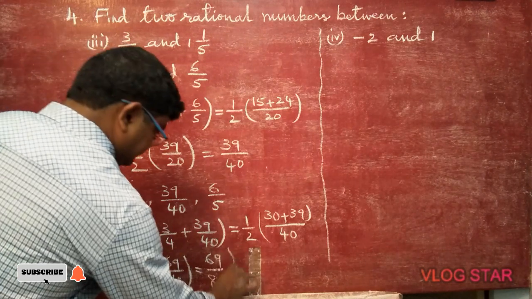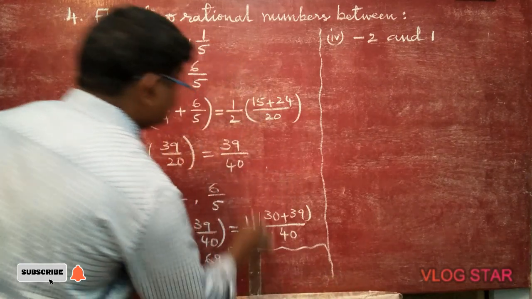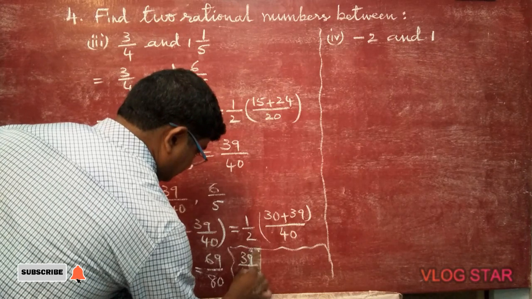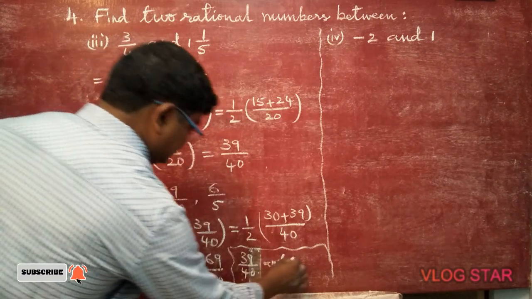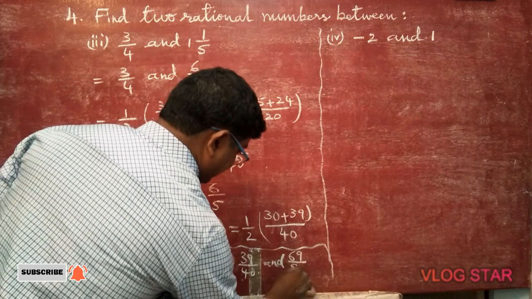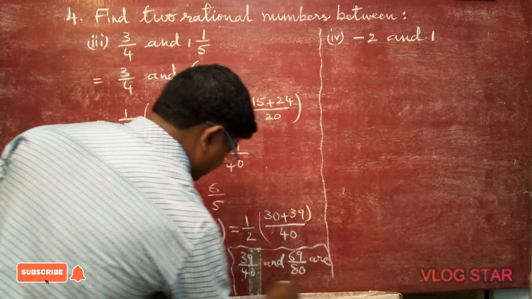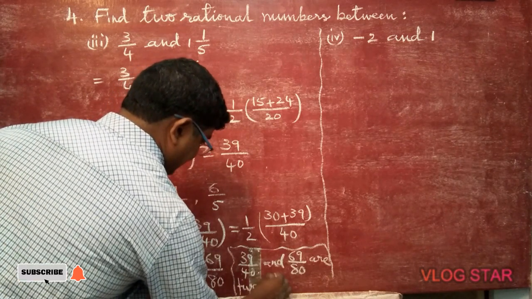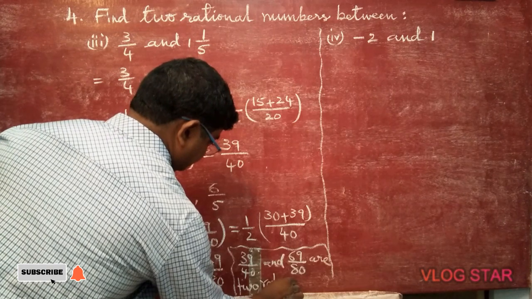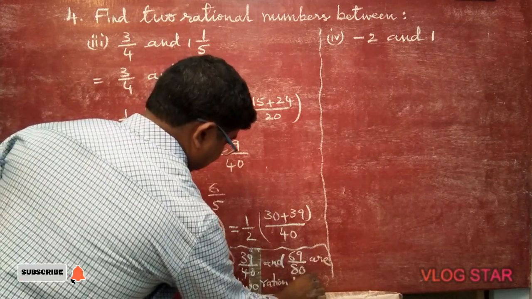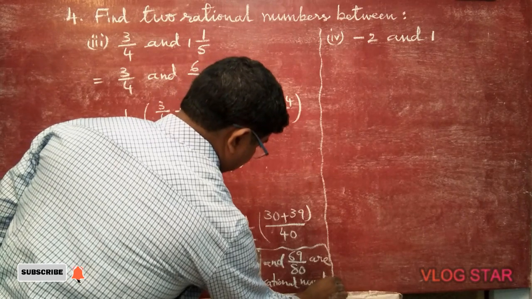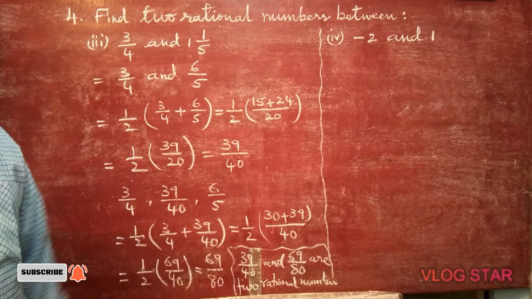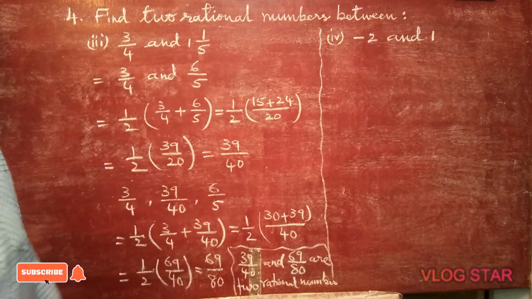What is the conclusion? 39 by 40 and 69 by 80 are two rational numbers between 3 by 4 and 1 by 5. Write the conclusion clearly.